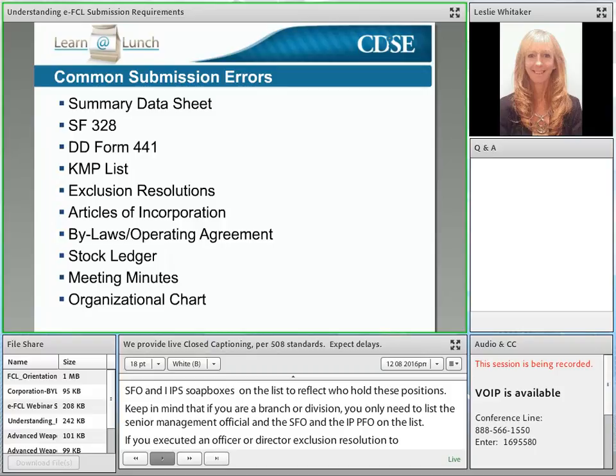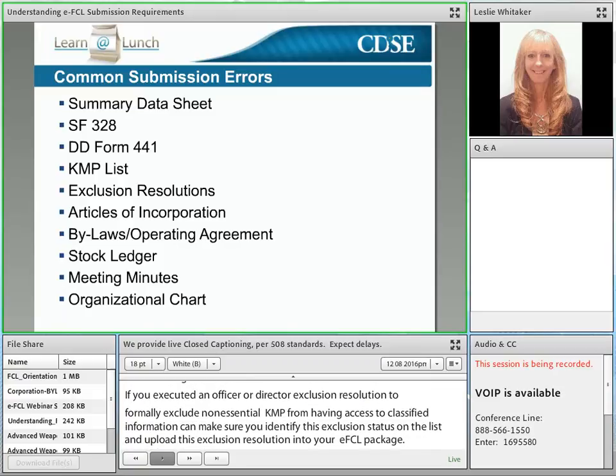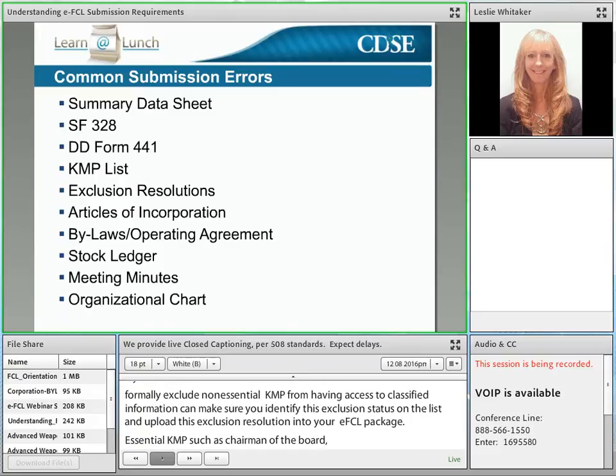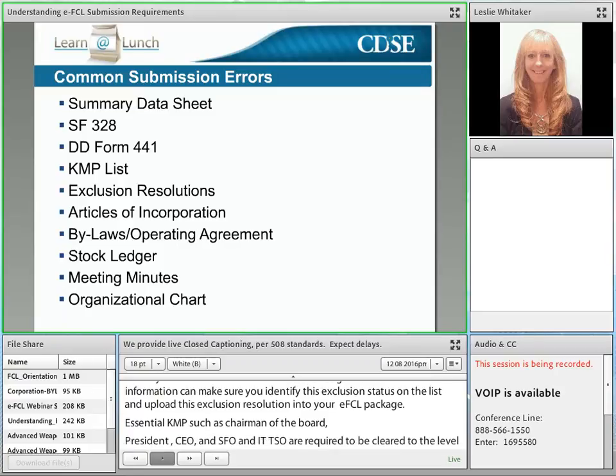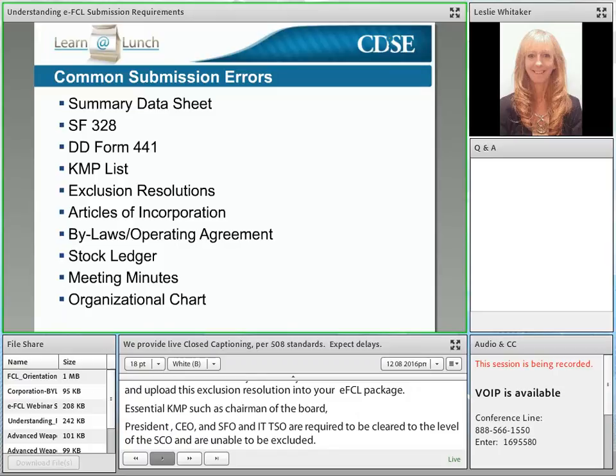Essential KMP, such as Chairman of the Board, President, CEO, and FSO and ITPSO, are required to be cleared to the level of the FCL and are unable to be excluded. We'll review a few sample business documents today, which should assist you in better identifying KMP and understanding which management officials must be cleared or who can be excluded.